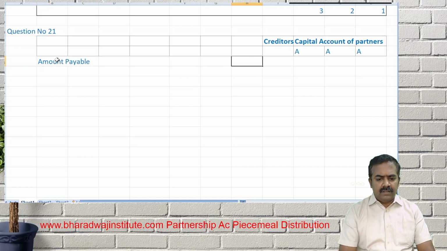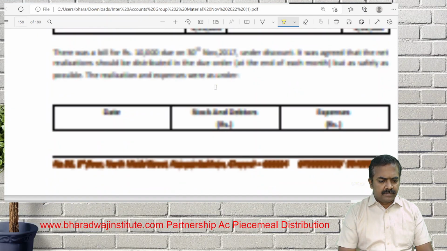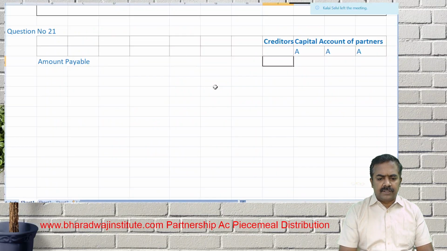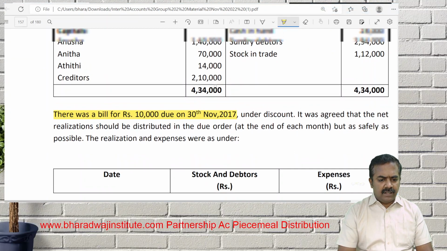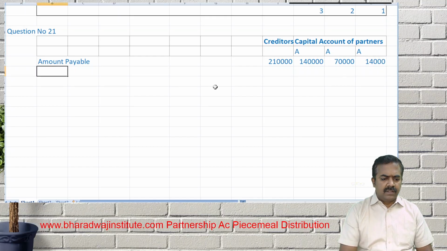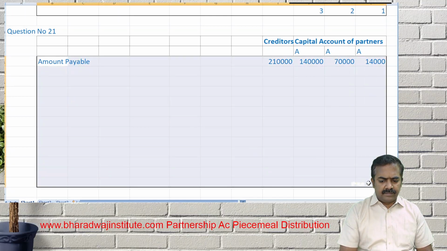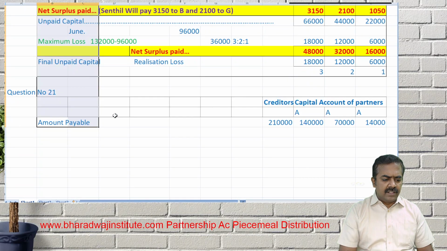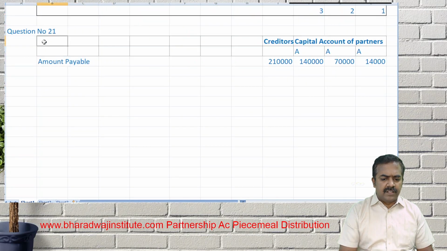Amount payable for creditors, how much is the amount payable? Any discount in creditors? No. 2,10,000. Capital of partners? 1,40,000. 70,000. 14,000. This is the amount payable to the various people. Expenses we need not provide in this question.